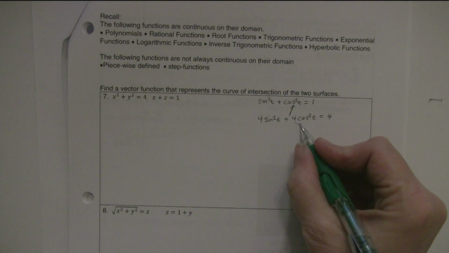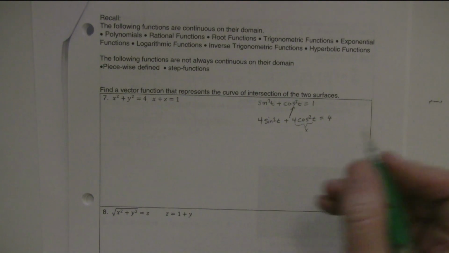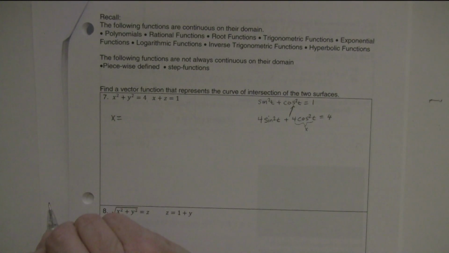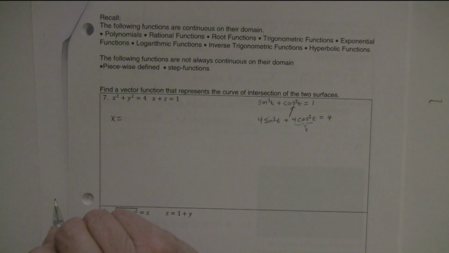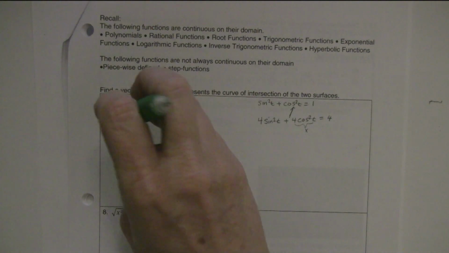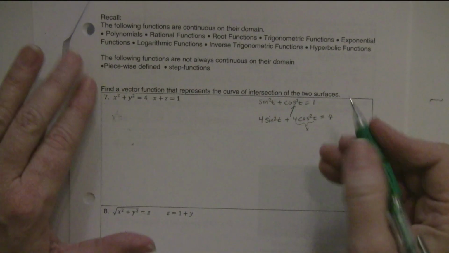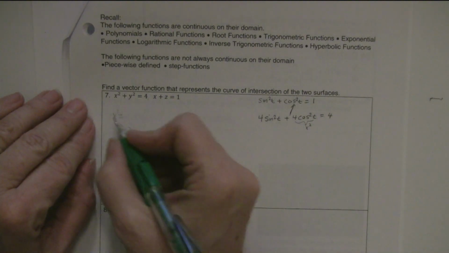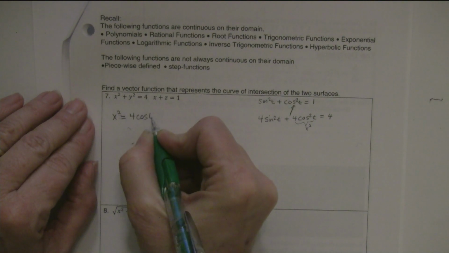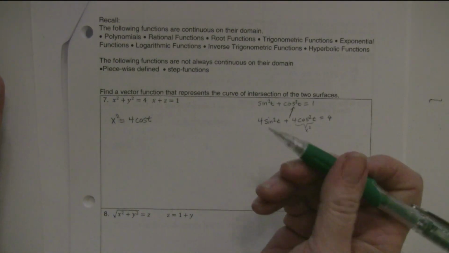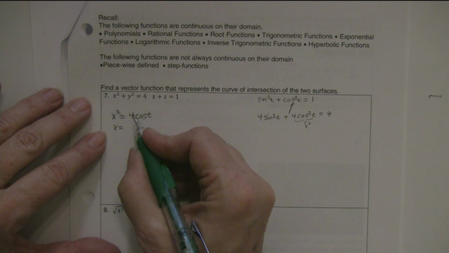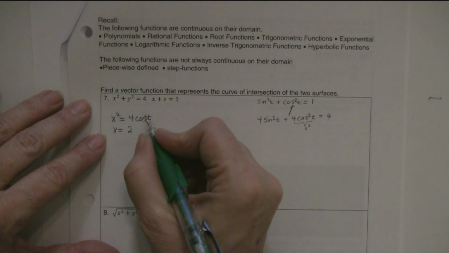Like I was telling you, most of the time they let this be your x. So if x squared equals 4 cosine of t, would you agree that then x is equal to, taking the square root, 2 cosine of t?